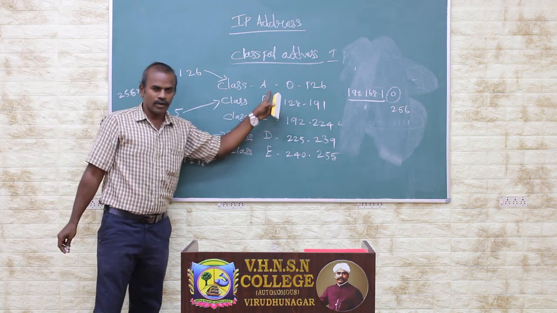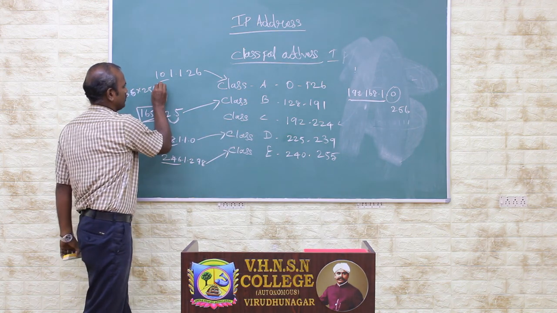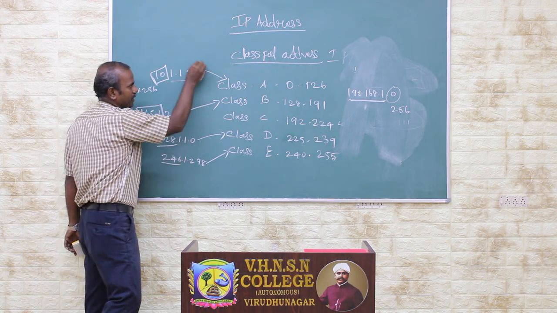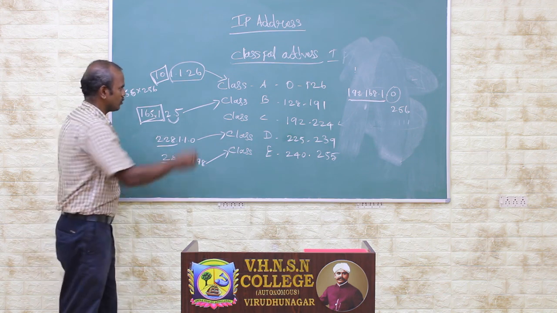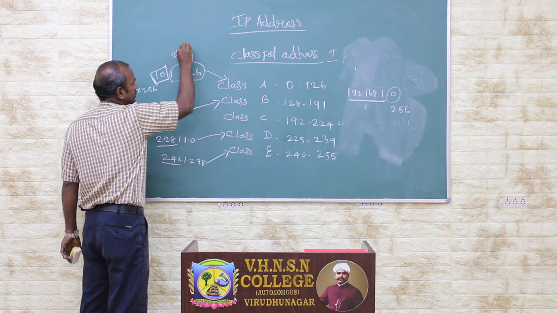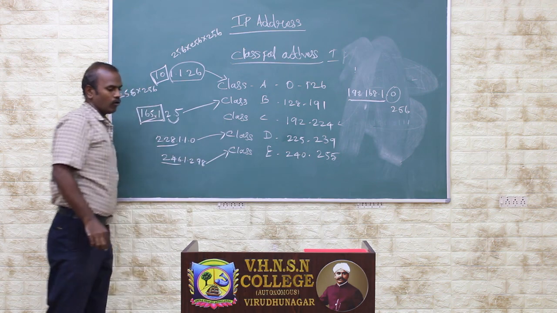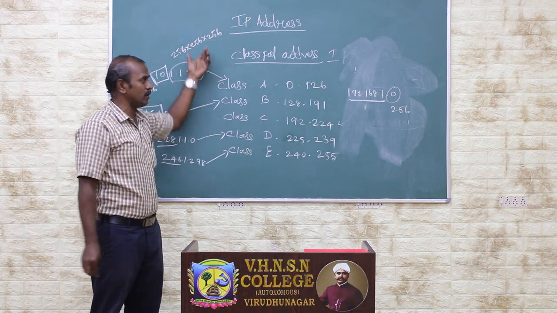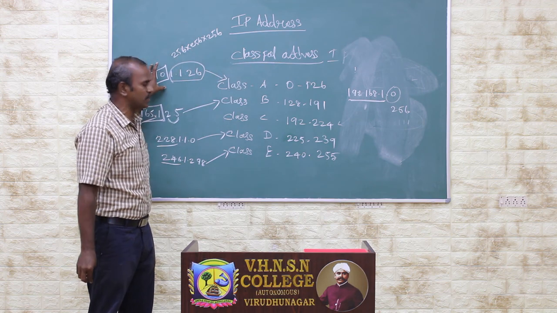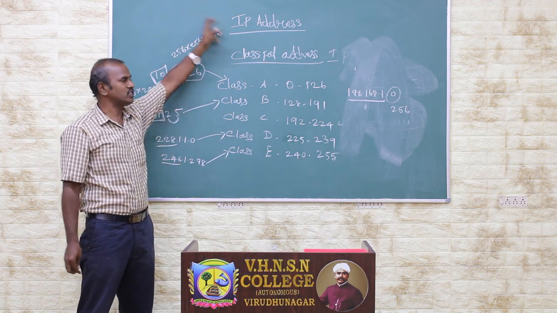If you are using class A, the first part should be the same, and the remaining 3 parts can differ. So you can use 256 into 256 into 256 systems.